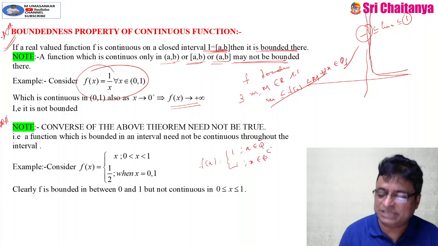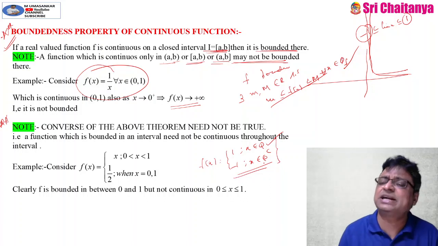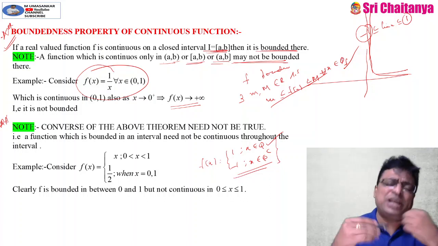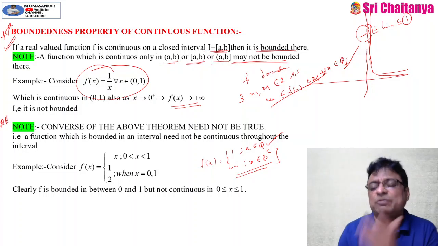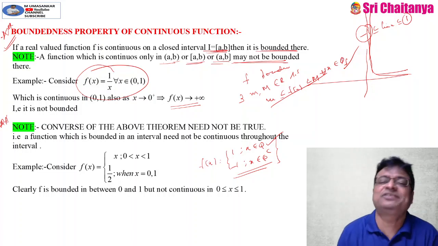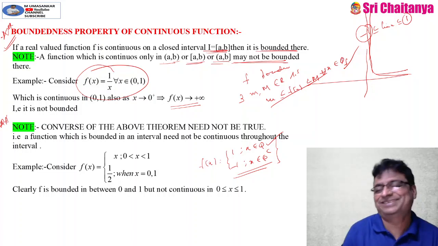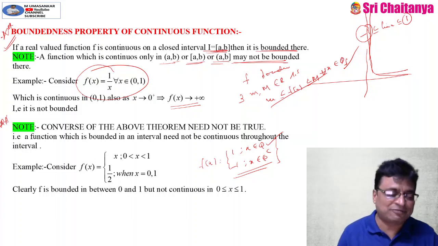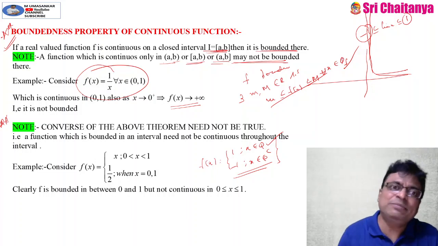If you are considering this kind of function, they are bounded functions, because you take any value, it always lies between minus 1 and 1 only. So it is a bounded function, no doubt, but it is not continuous because the limit does not exist. So the converse of the above theorem need not be true.